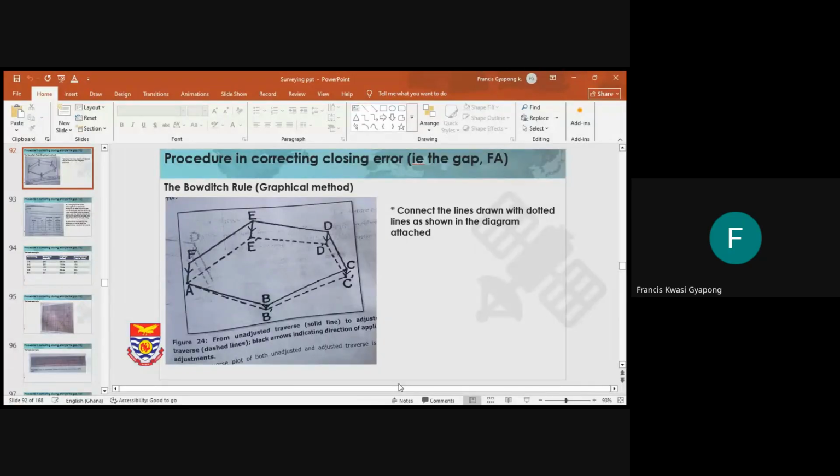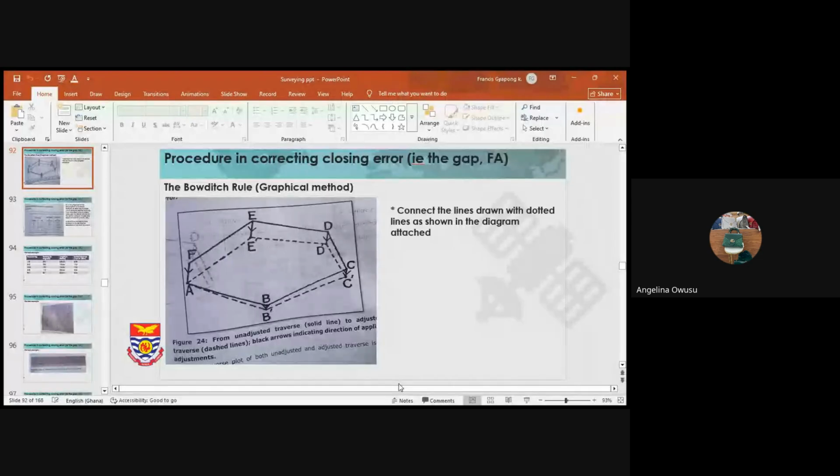Now, are you all done? Because I don't want us to be dragged back. Mine was 2.5. Then you have to go back and relook at your plotting.